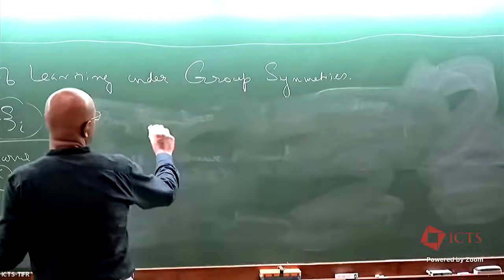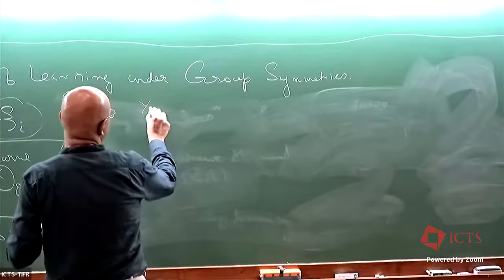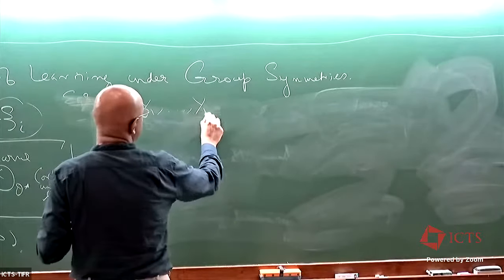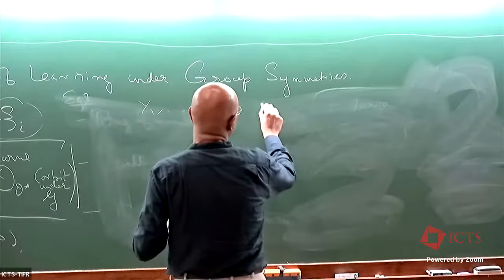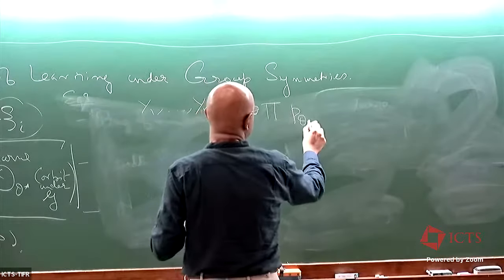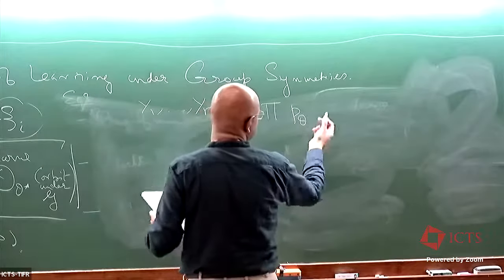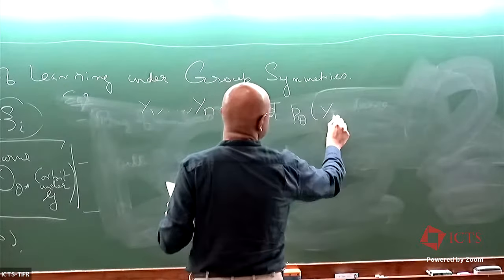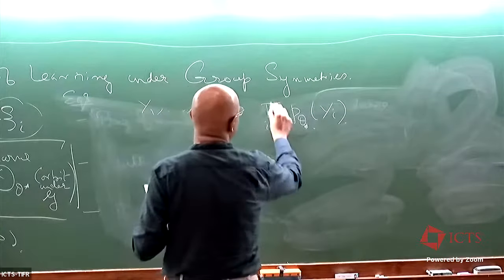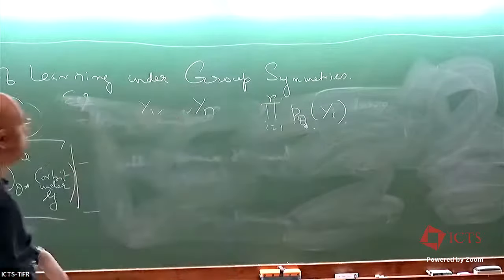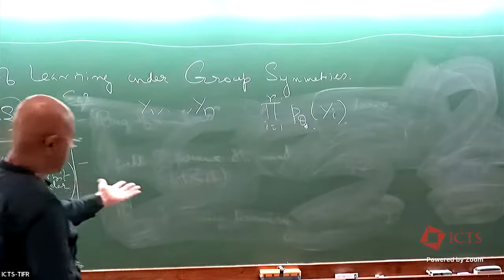If you have observations capital Y1, Y2, up to capital Yn, then your probability is the product of p theta star, with i equal to 1 to n, and we want to maximize this likelihood under theta star.